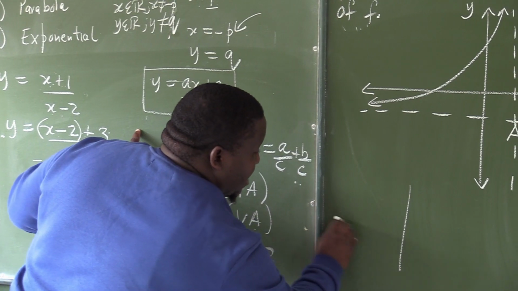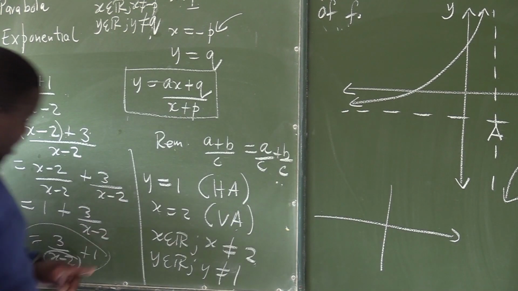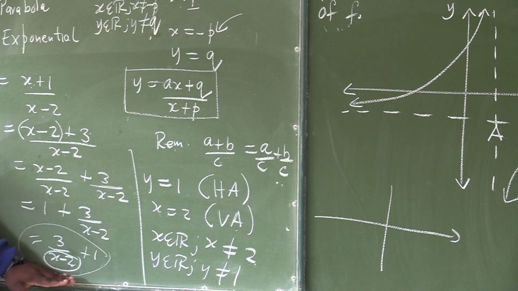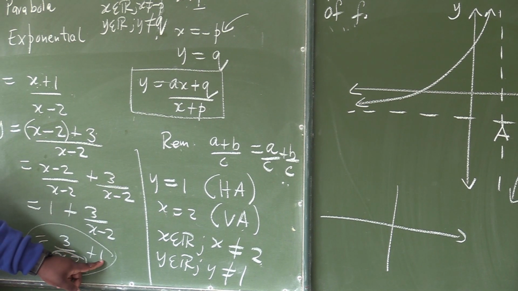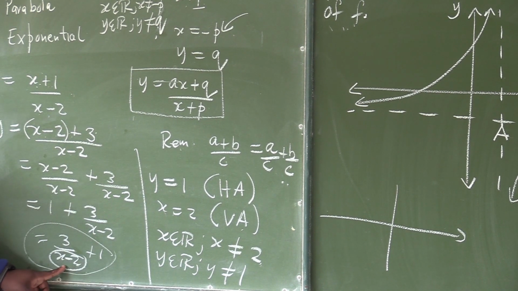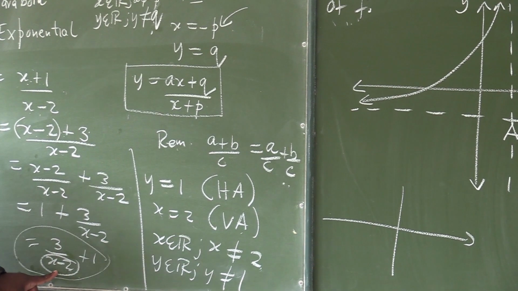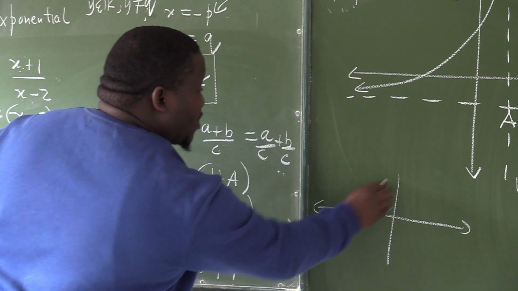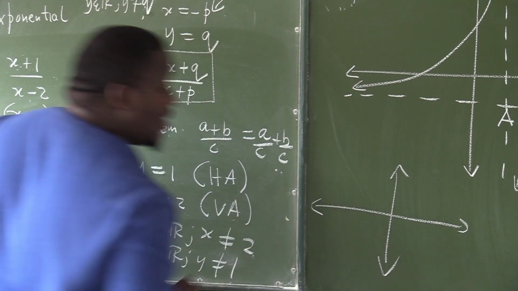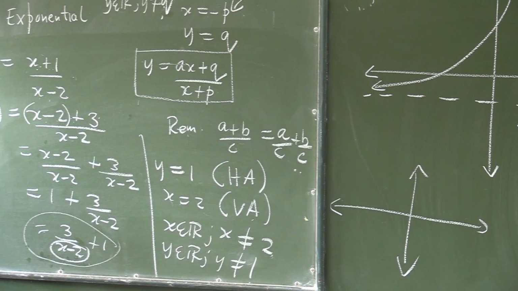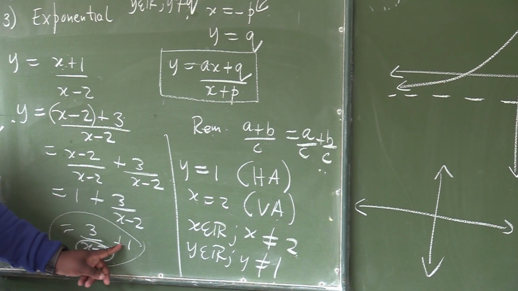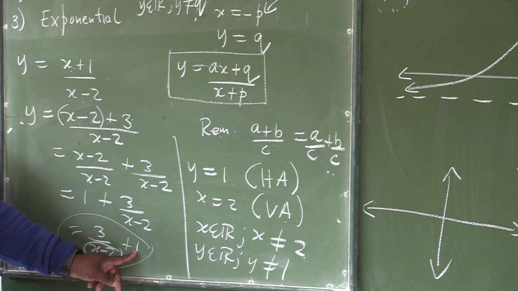Here I can say we have a case like this. If you take a look at this one, you have an asymptote at y equals 1, you have an asymptote at x equals 2. How do you represent your asymptotes on the graph? You use broken lines. Let's start, y is equal to 1 is my horizontal asymptote.